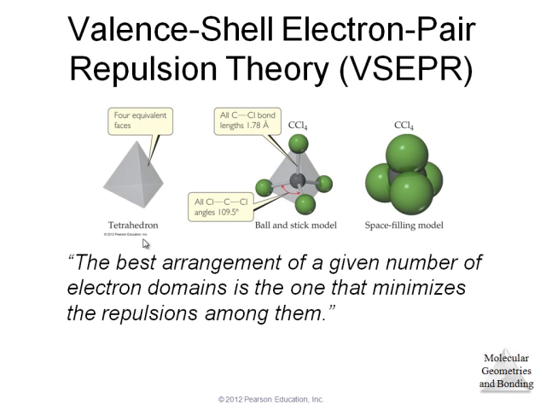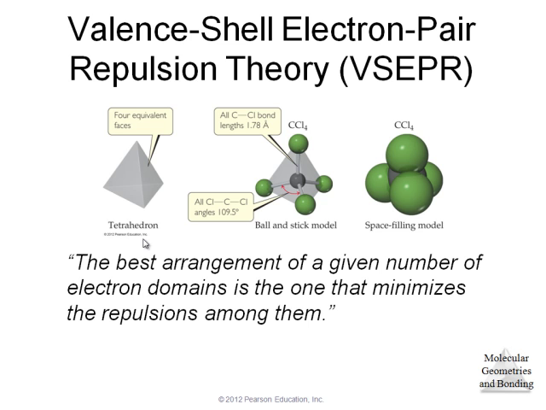The best arrangement of a given number of electron domains is the one that minimizes the repulsion between them. Or in other words, the best shape is when the electron domains take up positions which are as far away as possible from each other. That would give you the shape of the molecule. That's what VSEPR theory is saying.